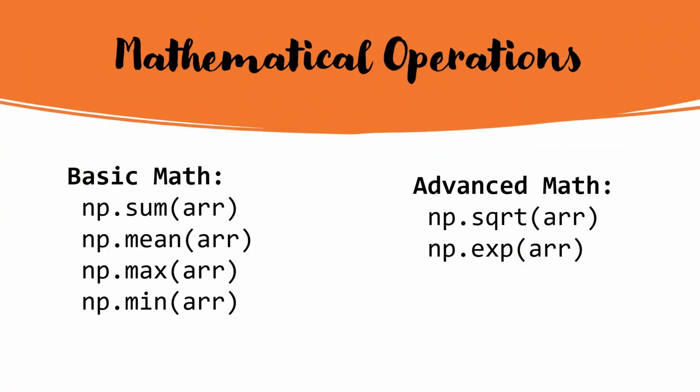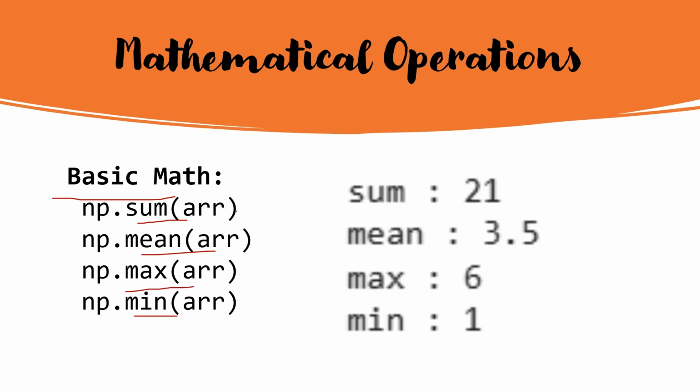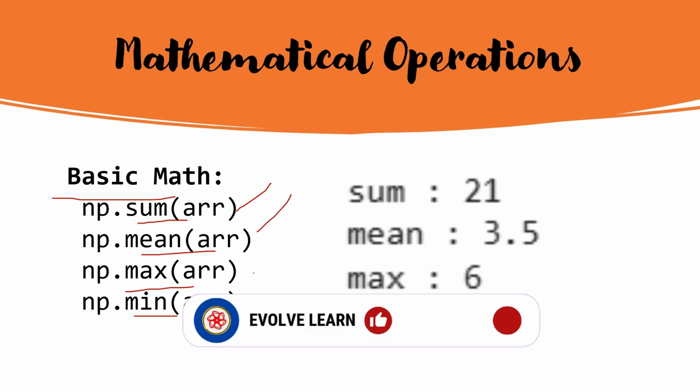NumPy provides a wide range of mathematical operations. These operations can be performed on an array of any dimension, making NumPy a fundamental tool for numerical computing in Python. NumPy simplifies both basic and advanced mathematical operations. For example, basic mathematical operations use functions like the sum function, mean function, max function, or min function to find the sum, mean, maximum, and minimum of an array.